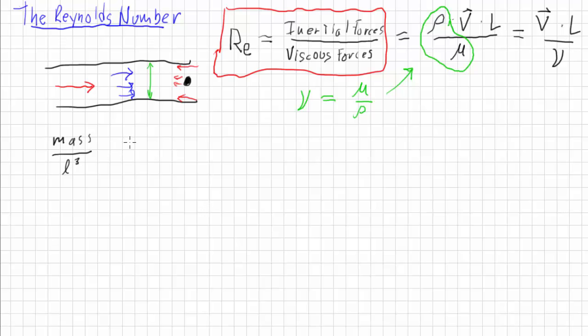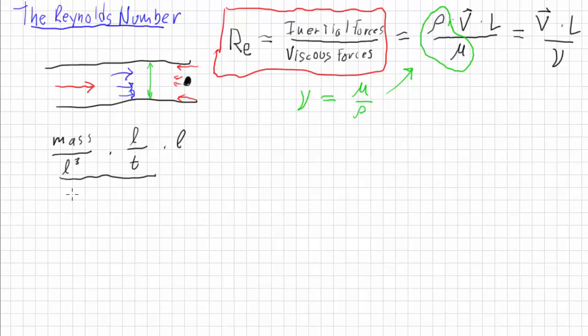And then we have velocity, which is length per unit time, and then we have some length over here, so that's a length. Then we divide it by the dynamic viscosity, which is actually stress times time.